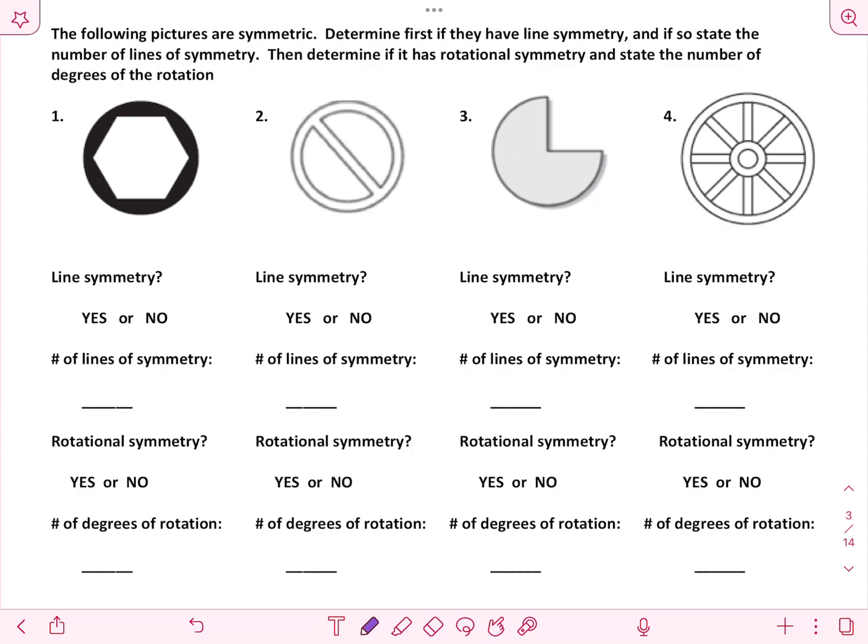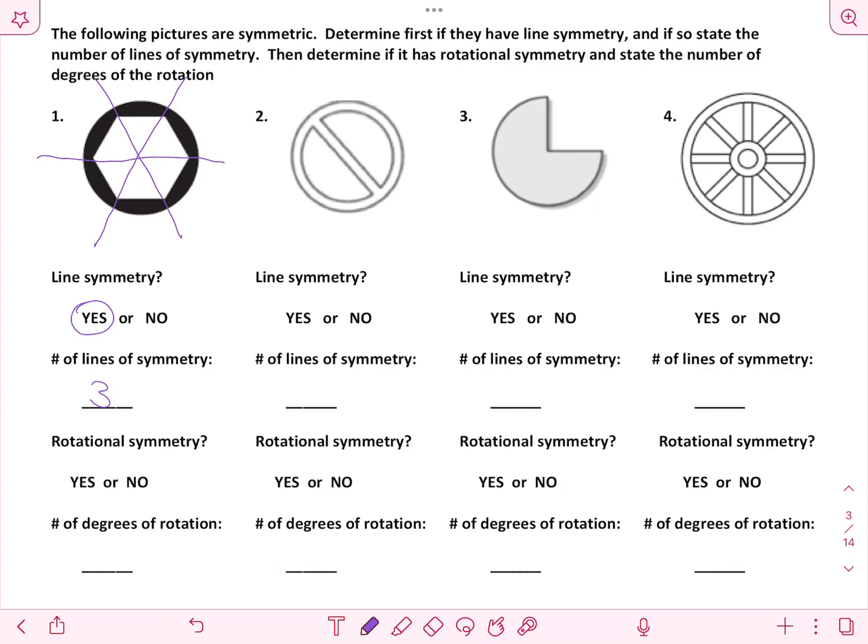So with line symmetry, I want to see if I can find lines that I can flip the shape on top of itself, and it's going to be the same thing. As you see, I found 3 ways where I can fold this shape in half, and it's symmetrical. Okay, they're identical. A reflection happened, and it's line symmetry because it's symmetric.